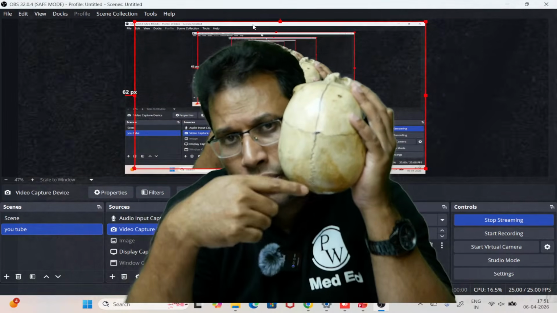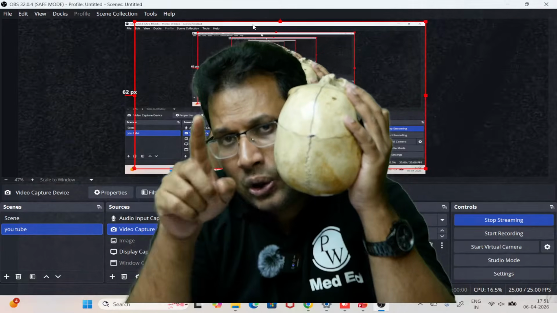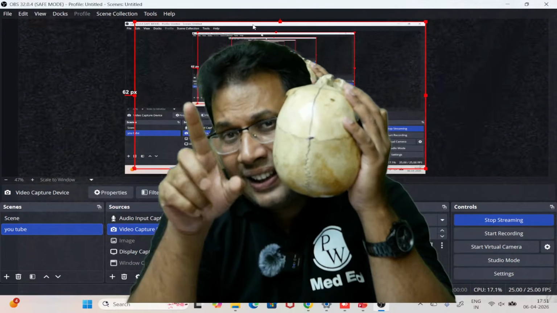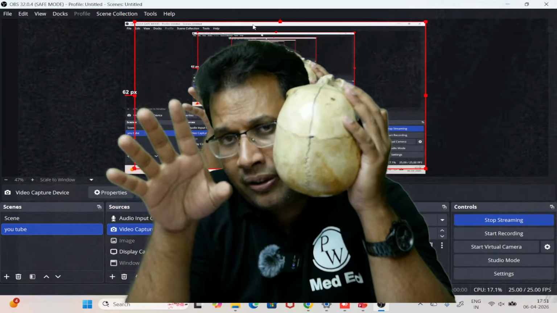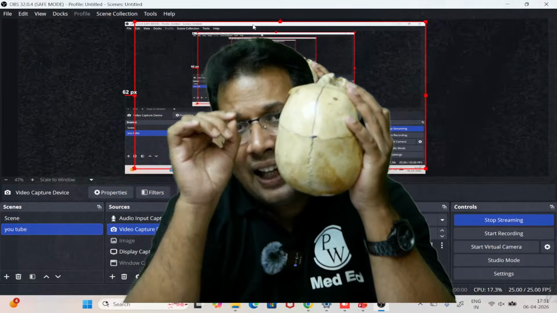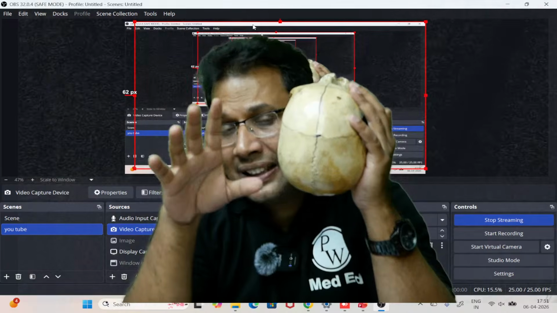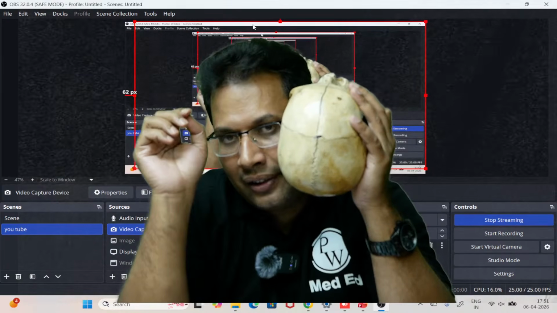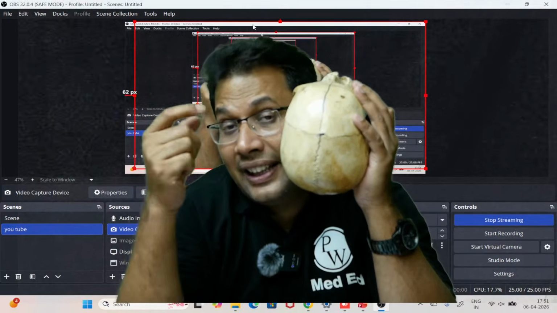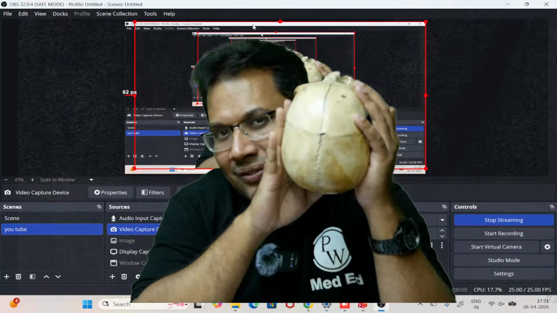Look at the sagittal suture. It is not obliterated. You can see the clear gap between right and left. And also you can see the light passing from inside to outside. That means the sagittal suture is not obliterated. My question is, what is the age of this skull?